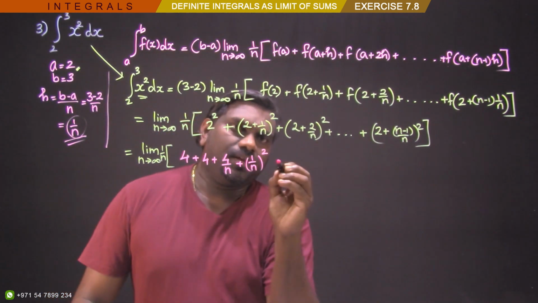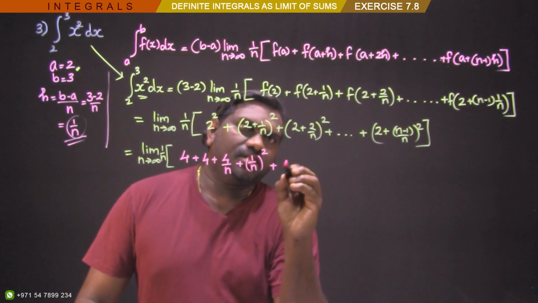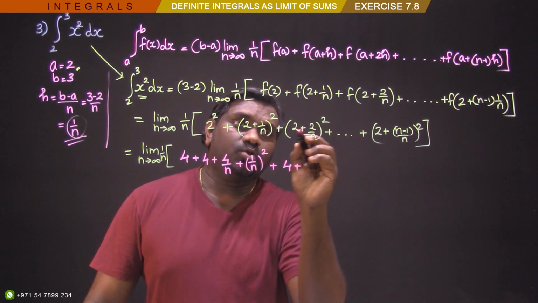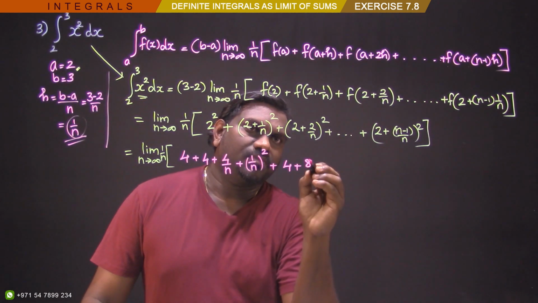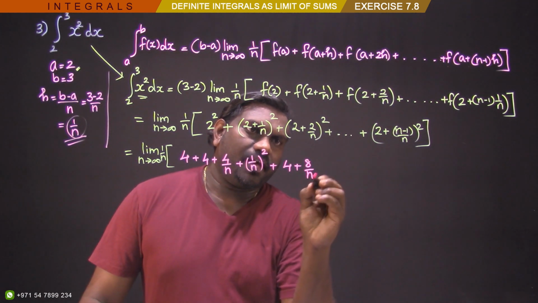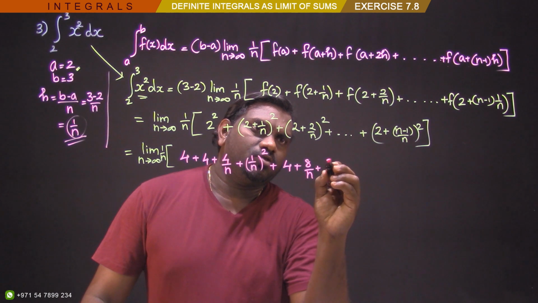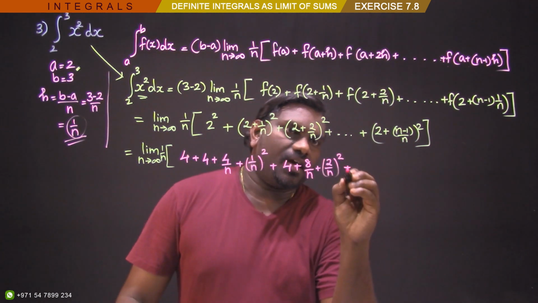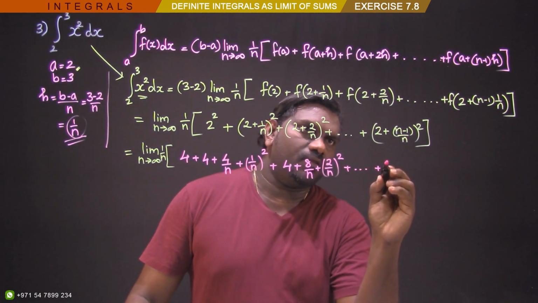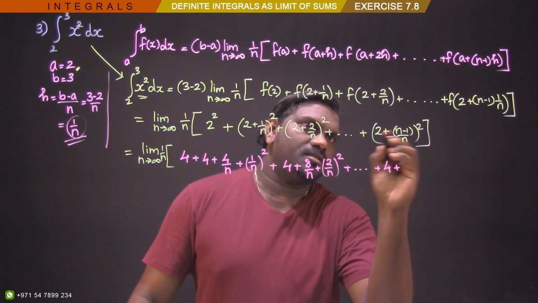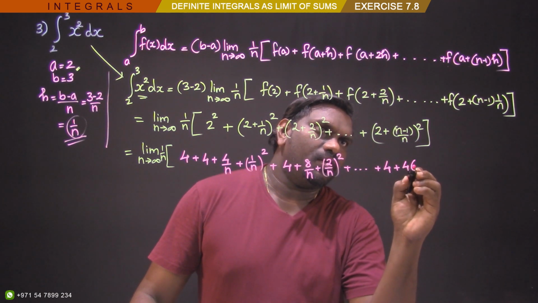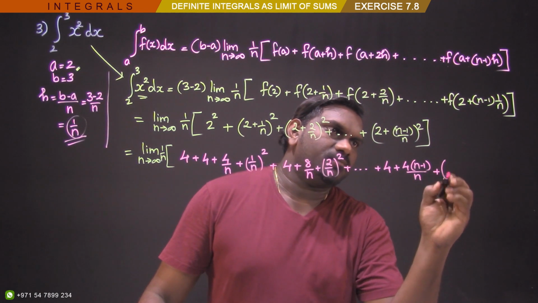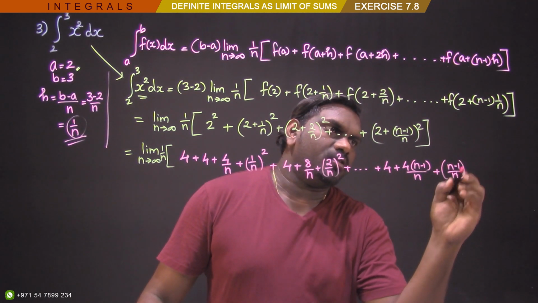Then plus 4 again, plus 4 into 2, which is 8 by n, plus 2 by n the whole square. As it goes on, what you will get is again 4 plus 4 times n minus 1 by n plus n minus 1 by n the whole square.